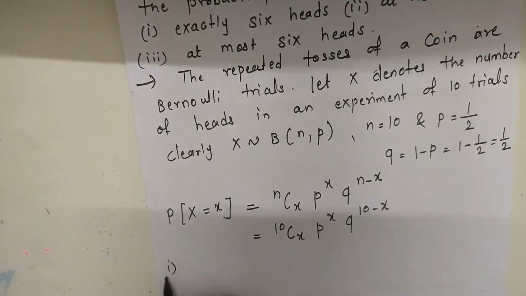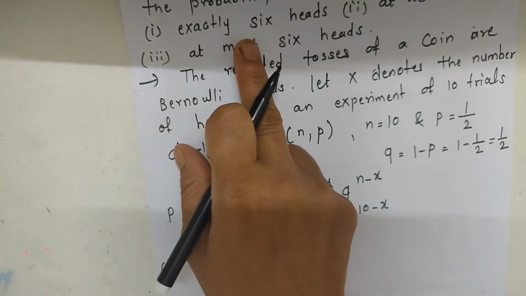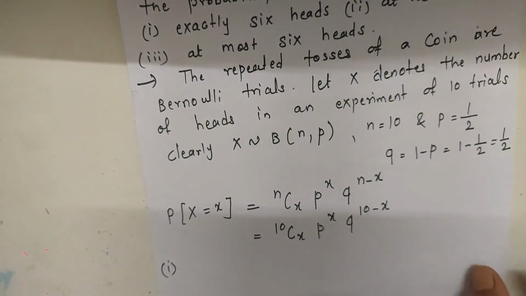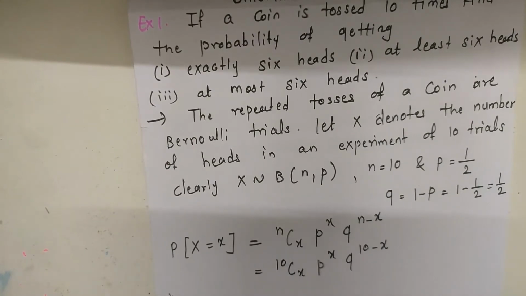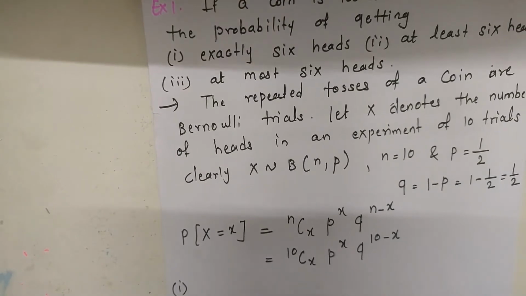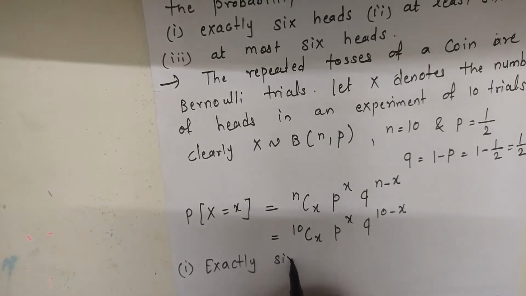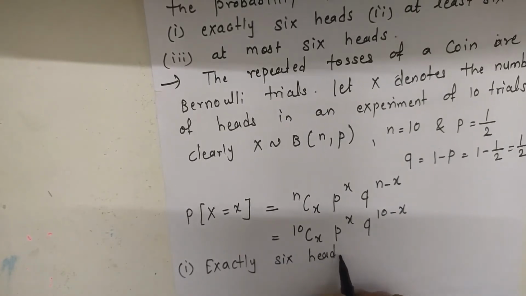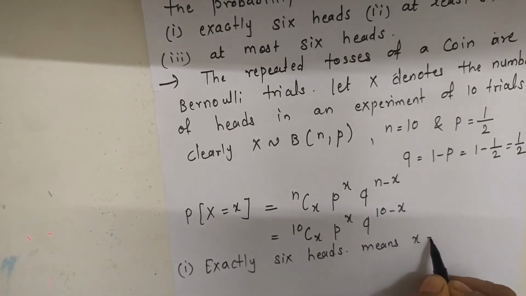Now the first question is find the probability of getting exactly 6 heads. So exactly 6 heads means x is equal to 6. So here we consider x is equal to 6 and we will find out the probability for x equal to 6.